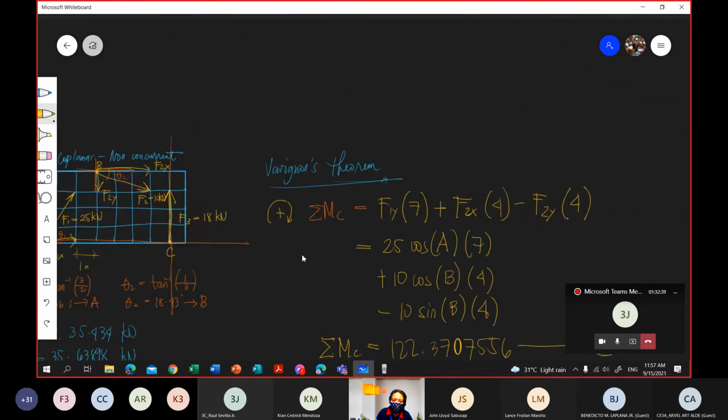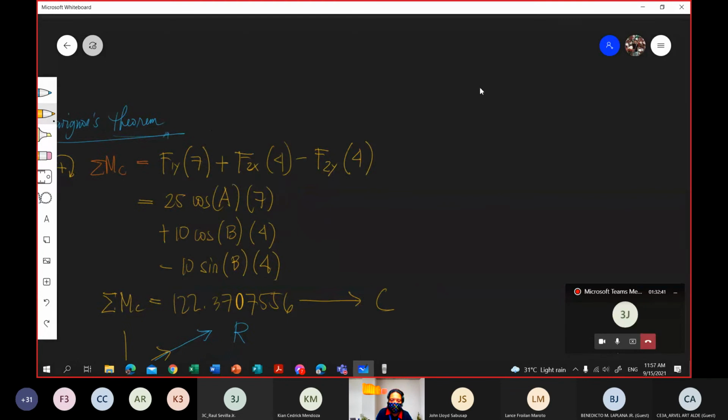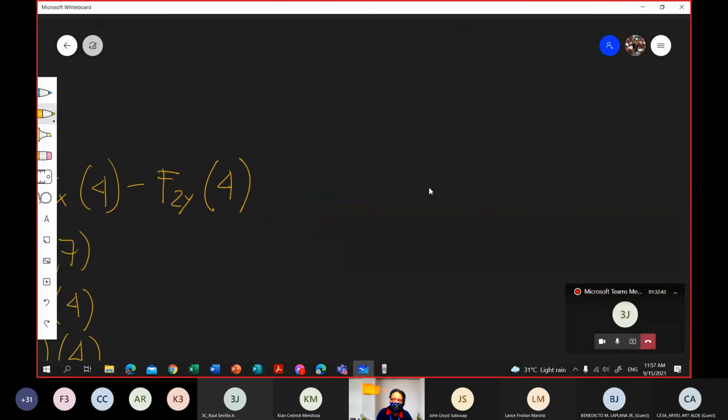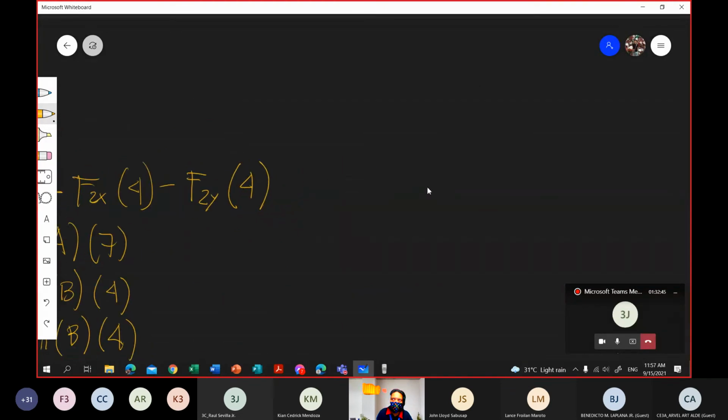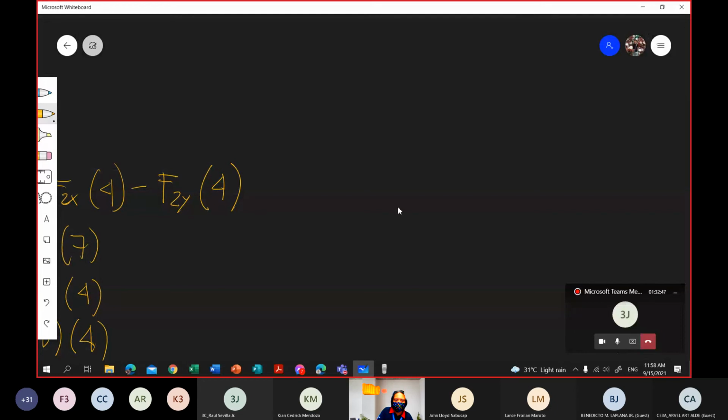Okay, another theorem nga akong i-introduce is the principle of transmissibility. I don't know if you are familiar with that.